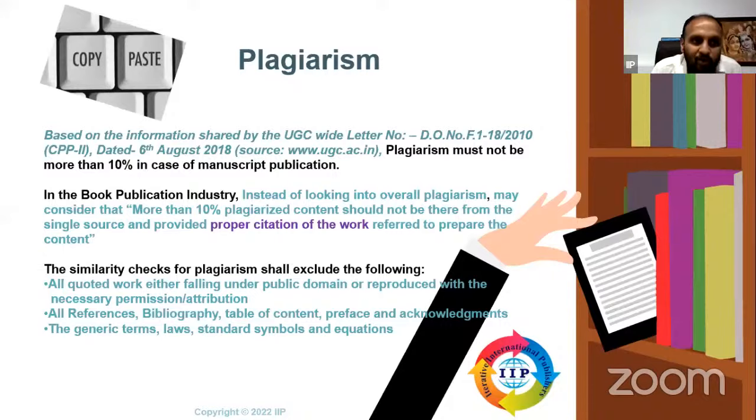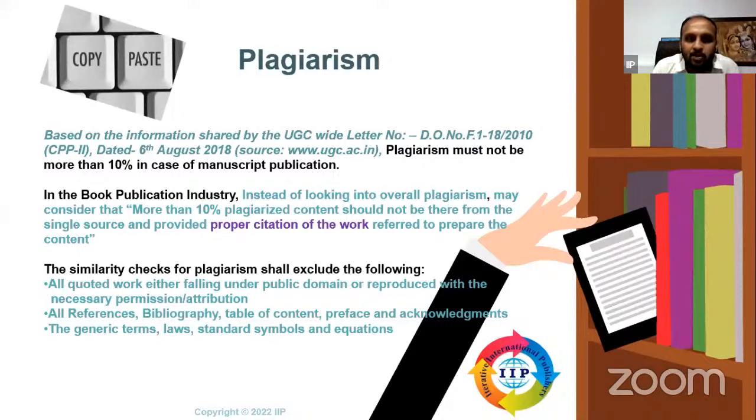For all these questions, as per the Indian government UGC letter dated 6th August 2018, the plagiarism must not be more than 10% in case of manuscript publication and also in thesis publication. But in the publication industry, it is very difficult to write the content from scratch.